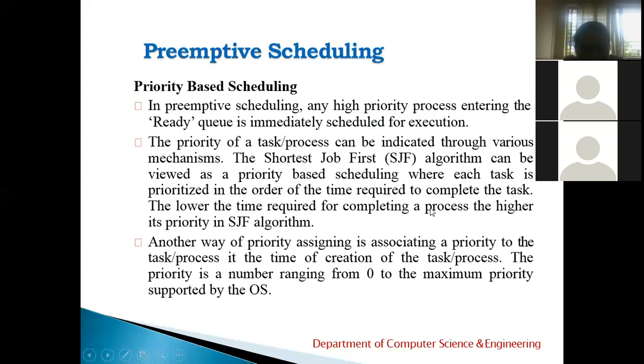Suppose there are 4 processes; each is given a priority. Even in an embedded system, a task that has to be executed in real time is given the highest priority, so its number will be 0. The lowest priority is given the highest number.